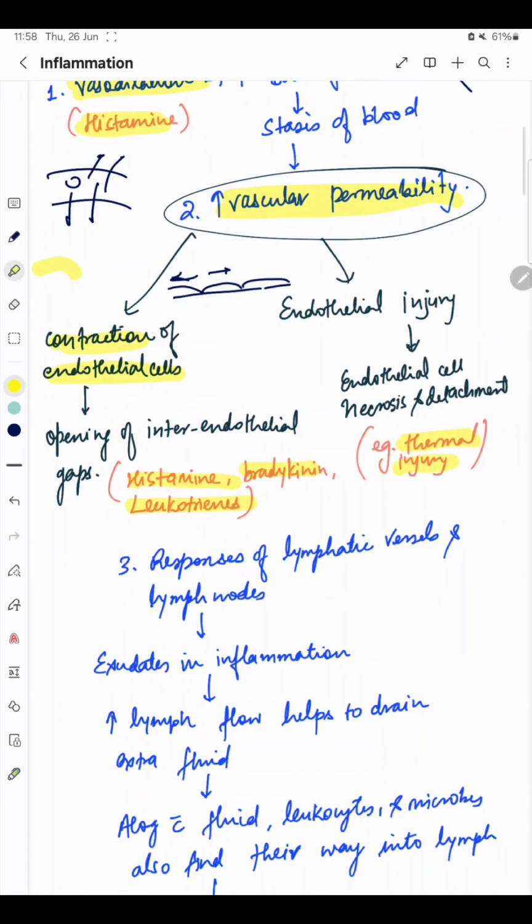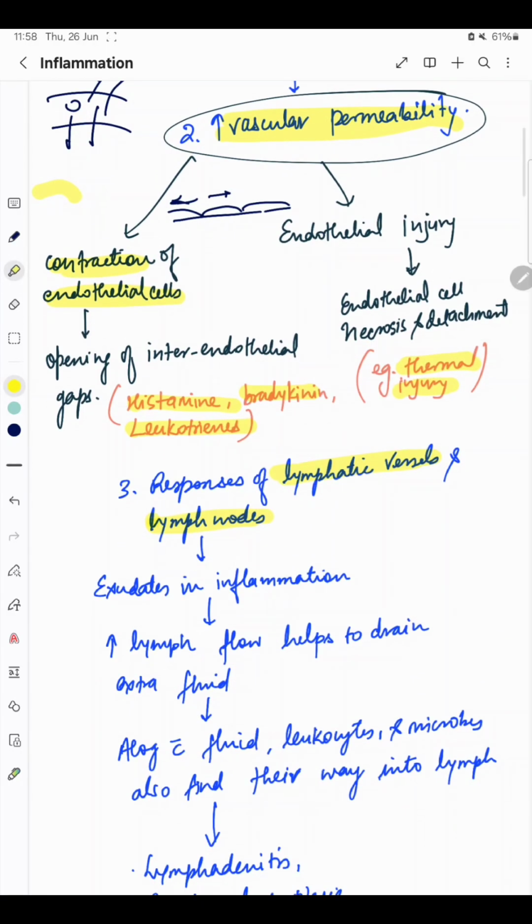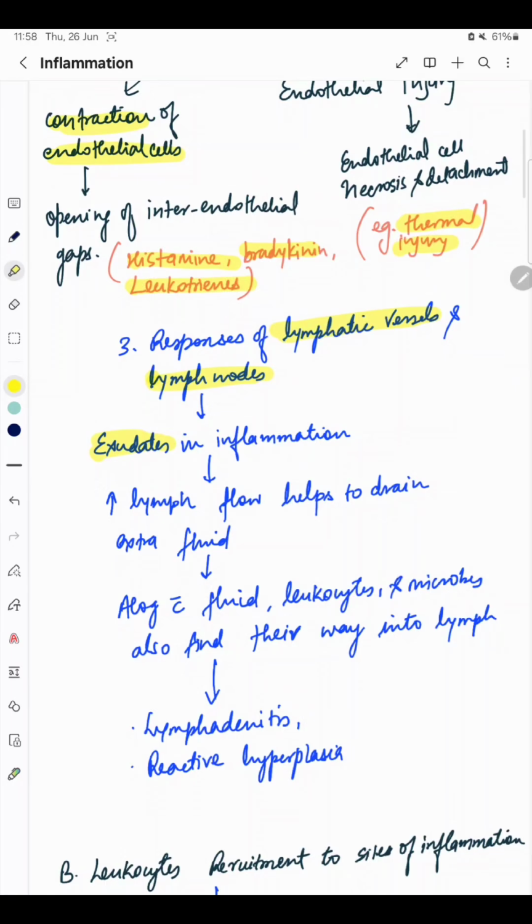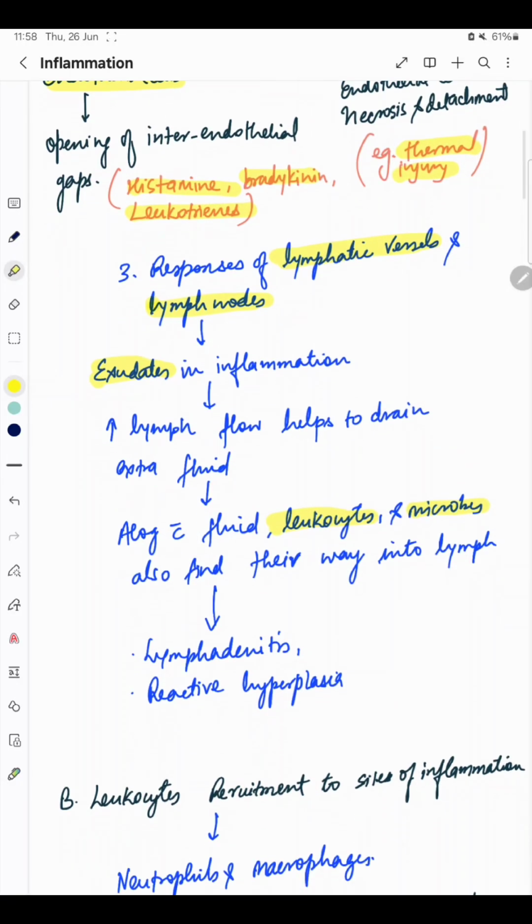The third response is the response of lymphatic vessels and lymph nodes. The fluid that accumulates or is produced during the inflammatory process is known as exudate, and this excessive exudate drains into the lymph node with the help of the lymphatics. This fluid carries leukocytes along with microbes, and this accumulates in the lymph node.